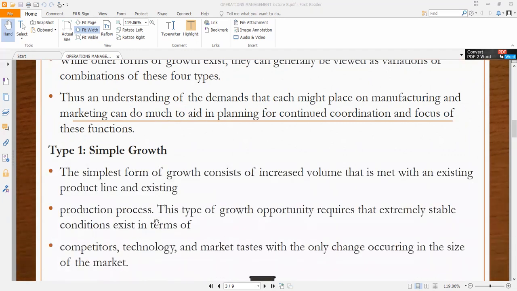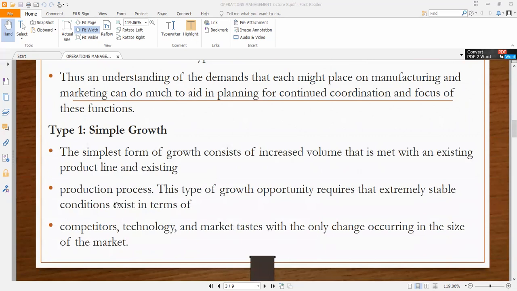Now, simple growth. What is simple growth? This is the simple form of growth consisting of an increased volume that is met with an existing product line and existing process. This type of growth opportunity requires that extremely stable conditions exist in terms of competitors, technology, and market tests, with only change occurring in the size of the market.